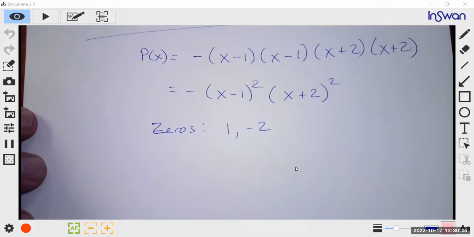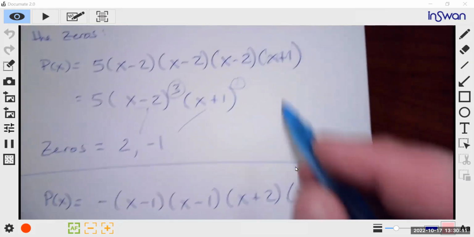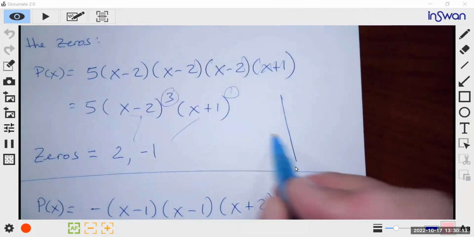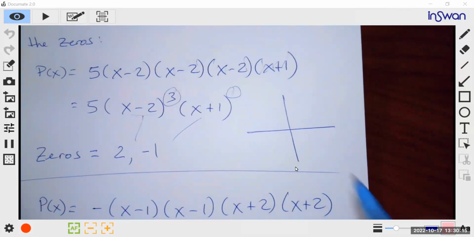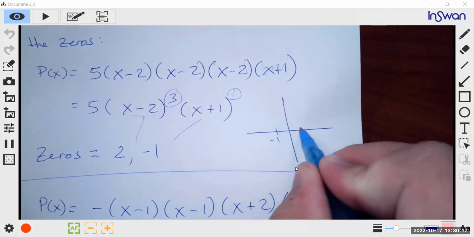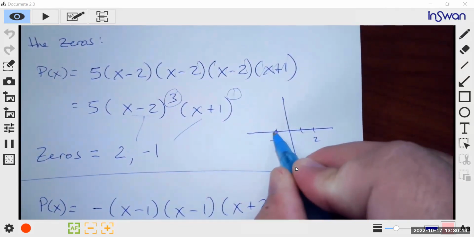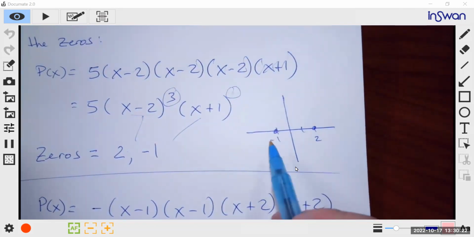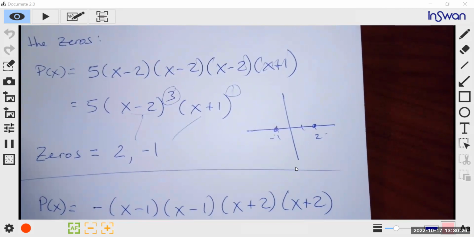These 2 examples will lead us into another thing called multiplicities. Since we know the zeros are -1 and 2 of this polynomial, what's the degree of the polynomial?